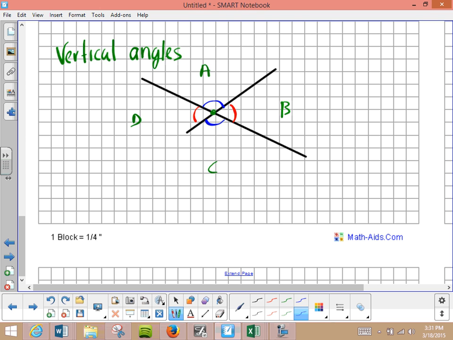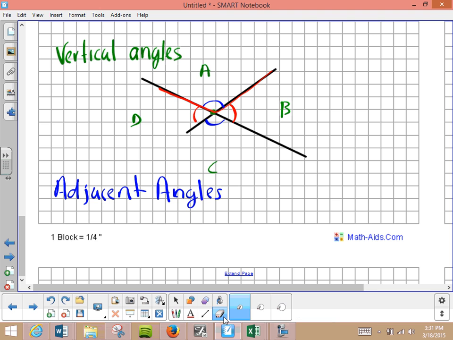And the last one is going to be adjacent angles. There are two rules for that one. They have to have the same vertex, and they have to share one line. So if I create an angle right here, let me erase this to make more sense.